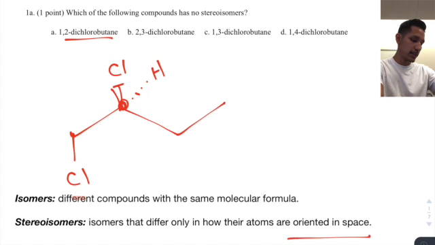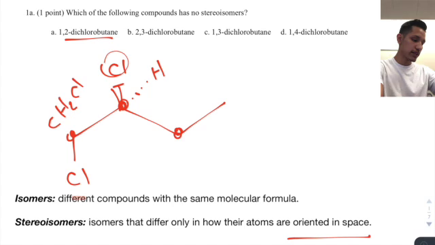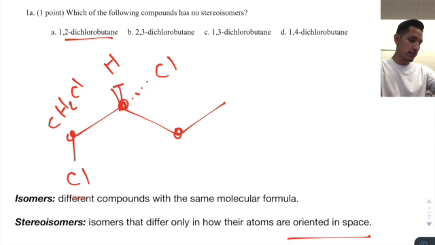We have a CH2Cl on our left side, a CH2CH3 on our right side, and then two different groups here. That allows us to orientate this differently, because we could put the hydrogen as coming towards us and the chlorine going away from us. And so that would make that a stereoisomer.